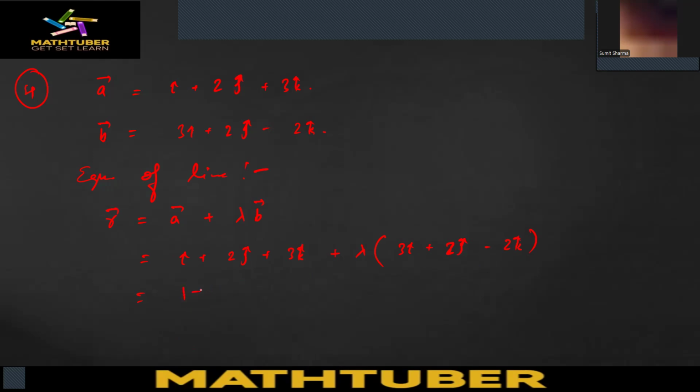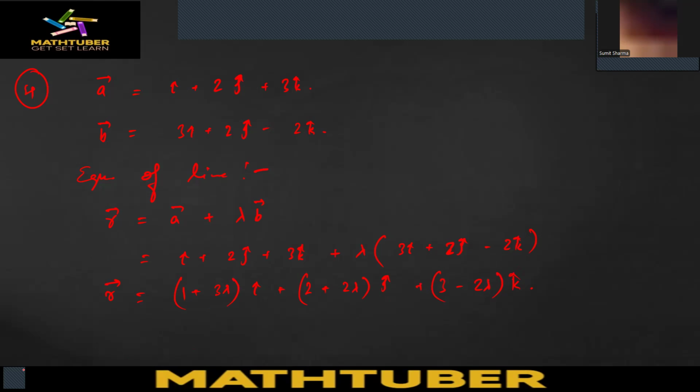So it is (1 plus 3 lambda) i cap, (2 plus 2 lambda) j cap, and (3 minus 2 lambda) k cap. This is how we can find the r vector. We wanted to find the equation of the line, and this is the equation of the line that we got from the given data.